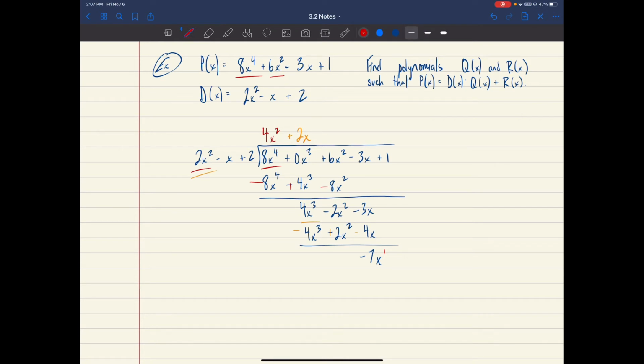This is your quotient. This is your remainder. This is your divisor.